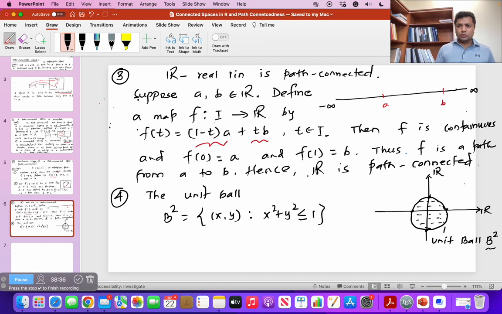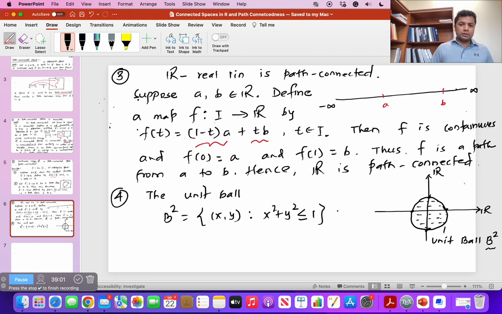But if you want to see that this ball is path connected mathematically, then we need to find a continuous map from I to this ball which satisfies both conditions for a path: continuity, and the images of the endpoints.